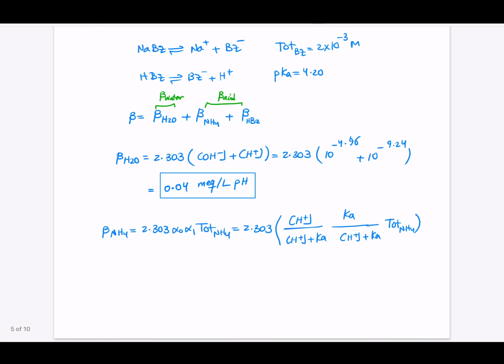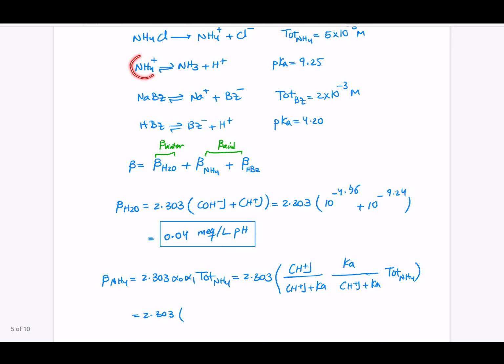Just to save some time, this would be 2.303. The pH is pKa, so then what is the alpha? Very quickly, at pKa we have the same amount of protonated version and deprotonated version.